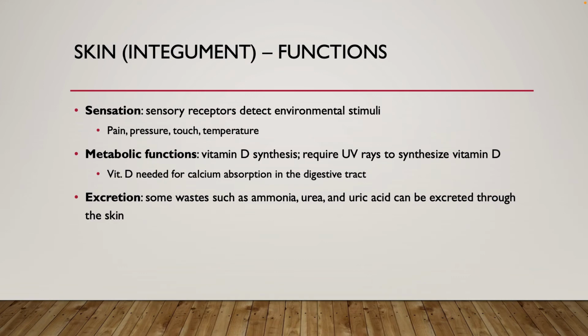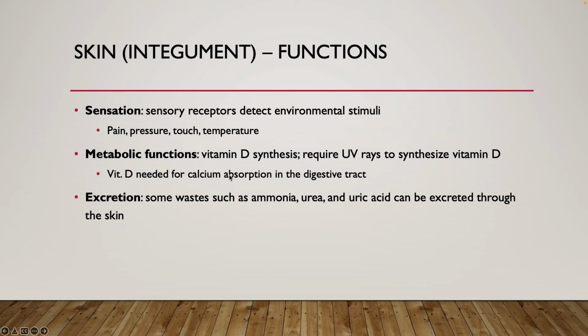And so this is why it is recommended to get your vitamin D, spend some time outside in the sun, because this ultraviolet light is going to convert the cholesterol that is found within your cell's plasma membrane to its active form in the liver, as well as partly in the kidney, where it can then aid in the absorption of calcium.